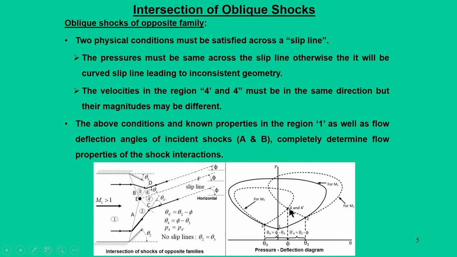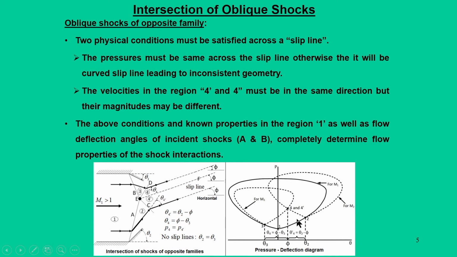If you drop a vertical, we can find an angle phi, and that means from point E we can draw a line which we call the slip line at an angle phi, and this phi can be determined from the abscissa of this P theta diagram, and once you determine this, then we know the directions.